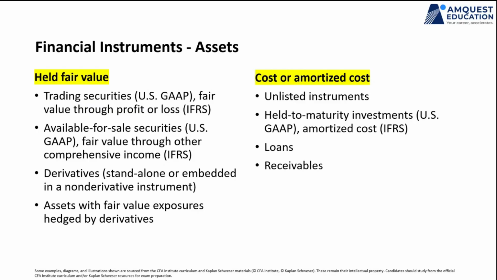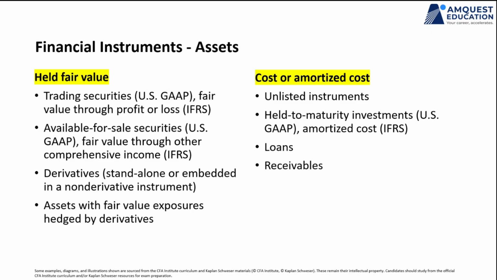Now, financial instruments which are classified as held at fair value. So securities under US GAAP which are held at fair value, their fair value is recorded through profit and loss.